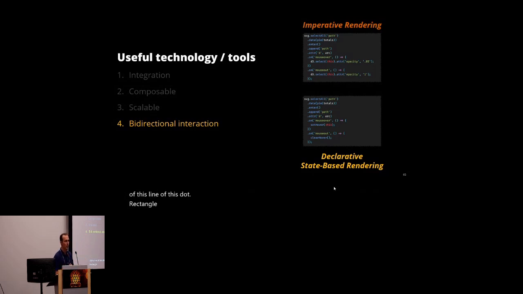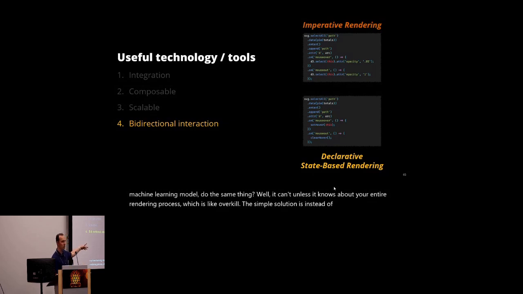But then the issue is how would somebody else, for instance a machine learning model, do the same thing? It can't, unless it knows about your entire rendering process, which is overkill. The simple solution is, instead of directly re-rendering, you set the hover state to this object. Then the renderer can figure out how to do that.